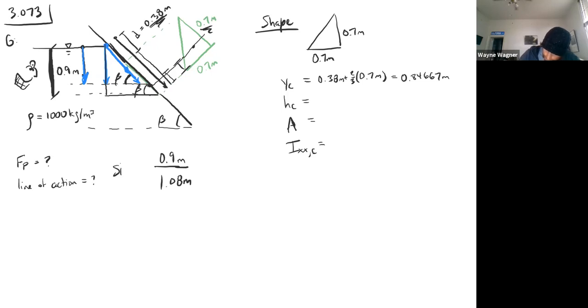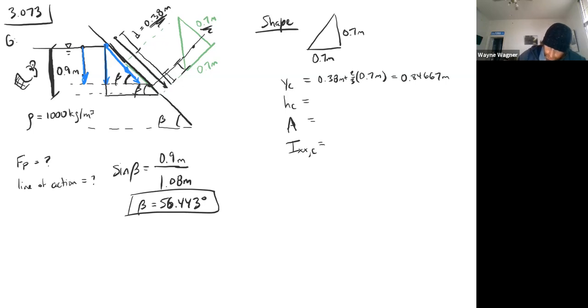And that's the sine of beta equals that stuff. If I plug that into my calculator, beta is the inverse sine of 0.9 divided by 1.08, which equals 56.443 degrees.